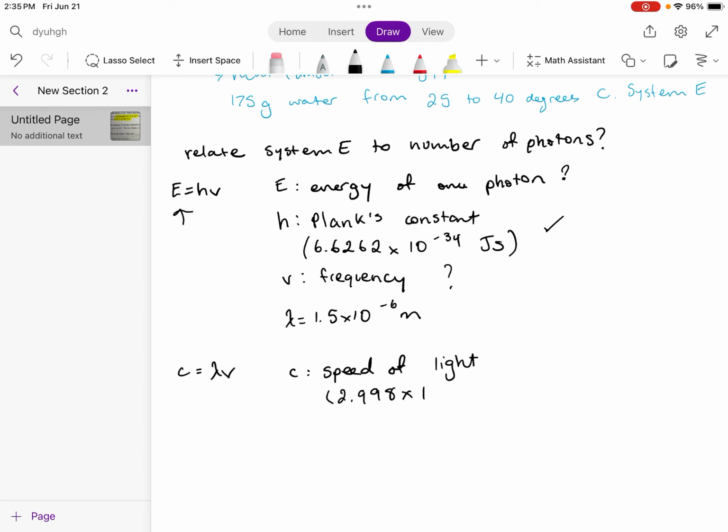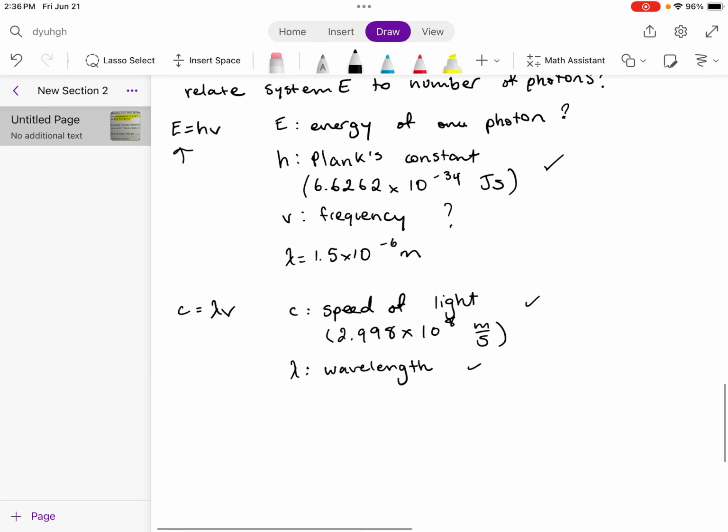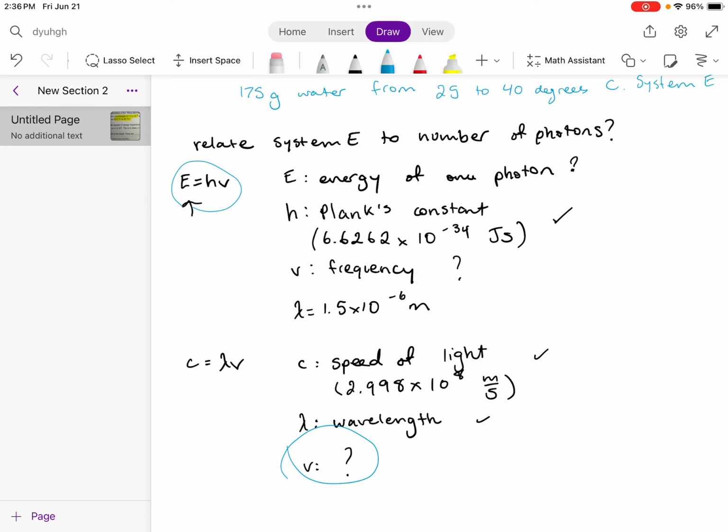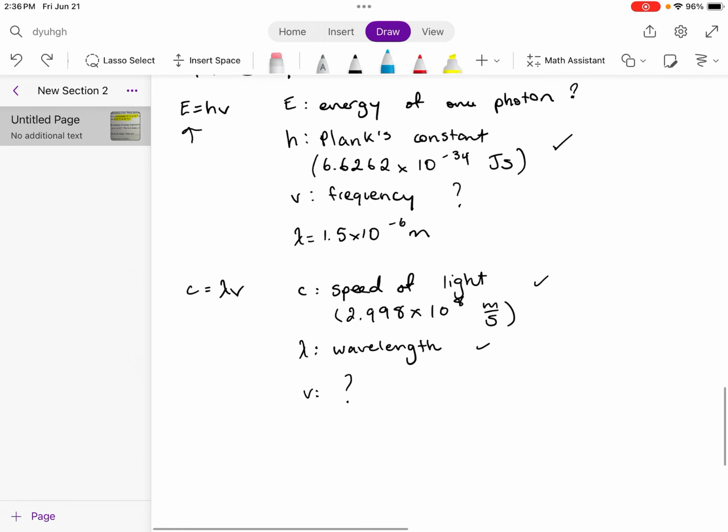You can Google it. 3.00 times 10 to the 8 meters per second. Lambda, we said that was wavelength, which is good because we know the speed of light and we know wavelength, and we solve for frequency. Once we solve frequency, we can use this. And once we have E, we can relate it to our system and we'll be good to go, hopefully.